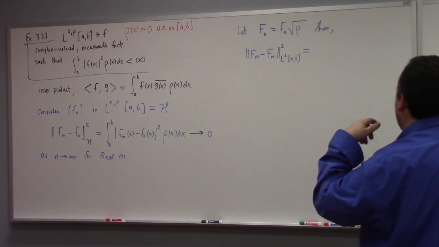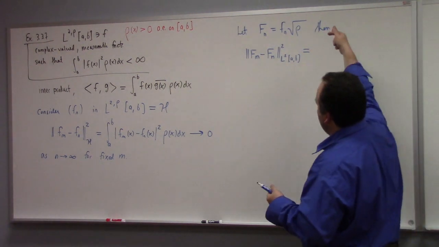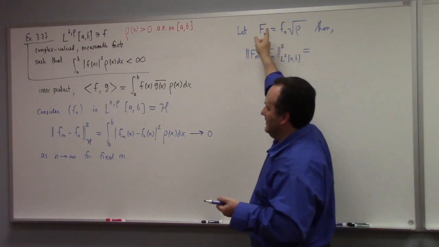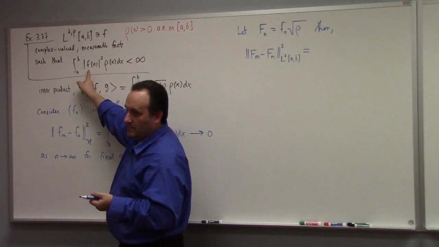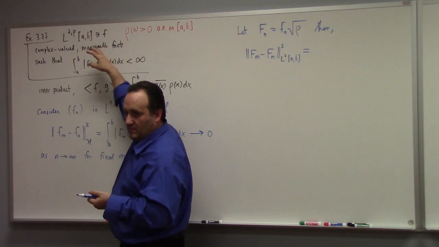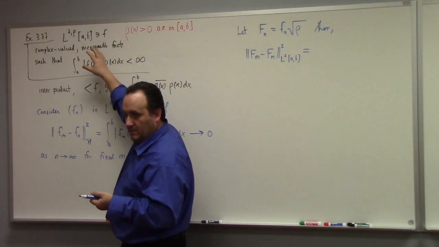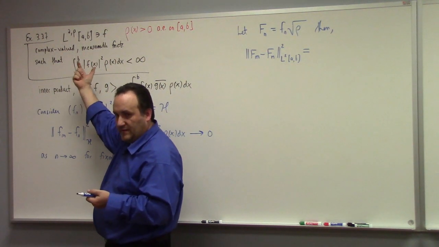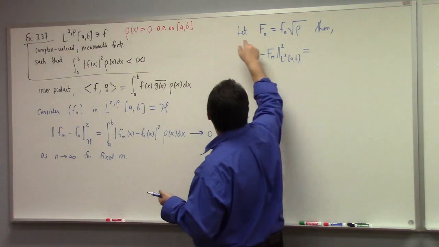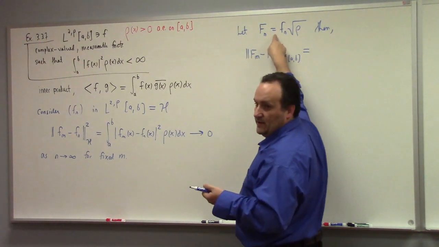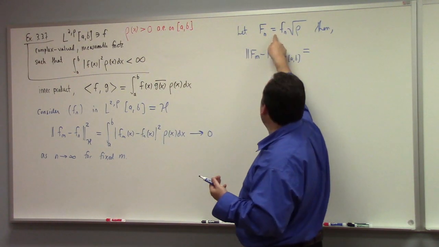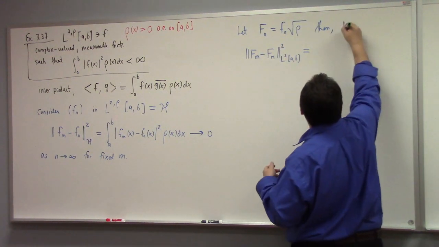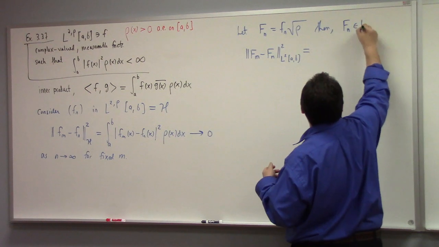What I'm trying to say is, if you solve this for Fn and plug it into here, you get division by rho squared. They cancel, and then you just have the integral of the modulus of big F squared is less than infinity. In other words, this rescaling by that weight function is what you need for Fn to be an element of L2 AB.